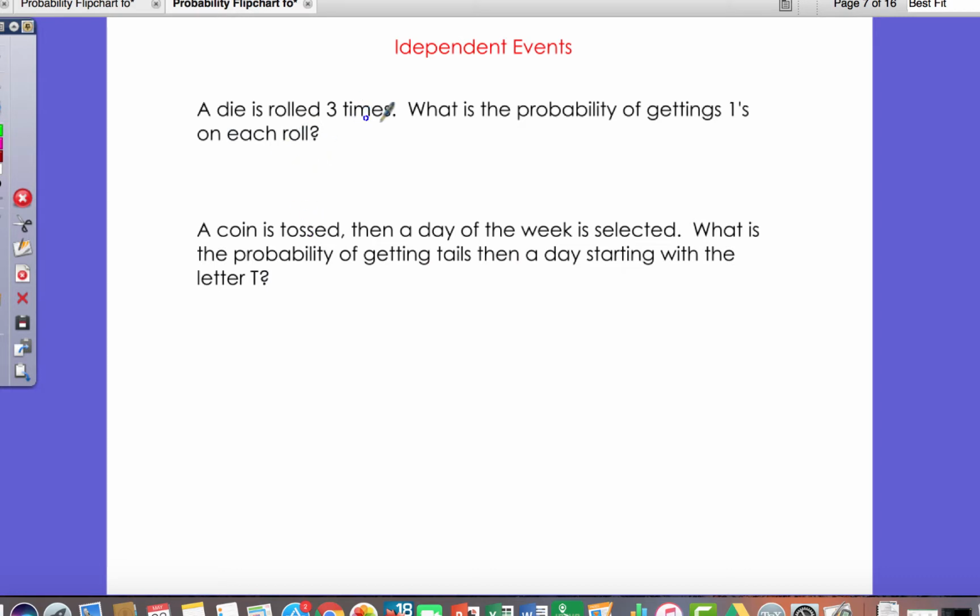A die is rolled 3 times. Let's consider that die. It's a 6-sided die and it's equally weighted, so there's equal chance of getting any of the 6 digits. What is the probability of getting 1s on each roll? The probability of rolling a 1 is 1 out of 6. So we take 1/6 times 1/6 for the second roll, and if we roll that number cube again, there's still a 1 in 6 chance.